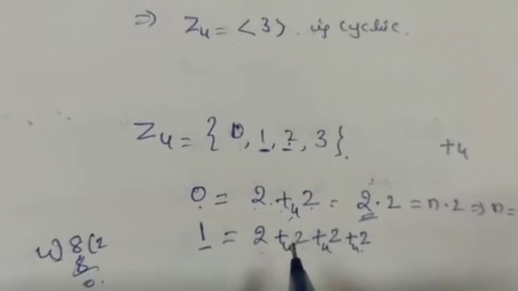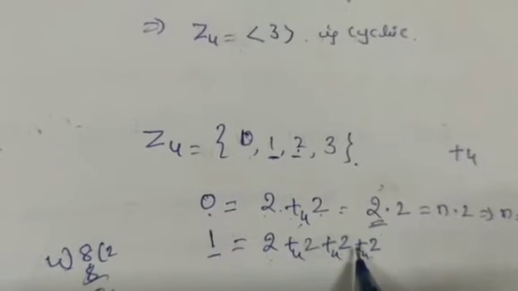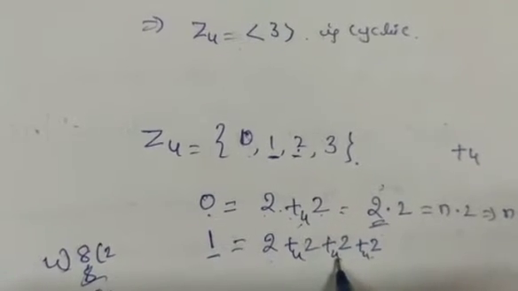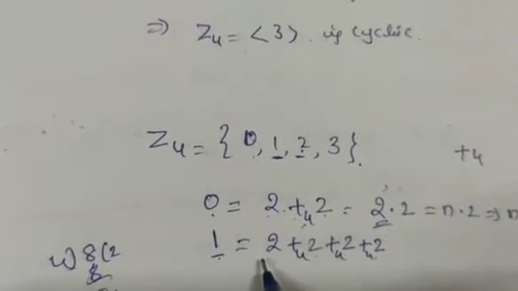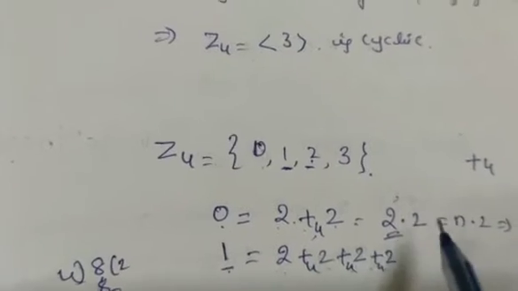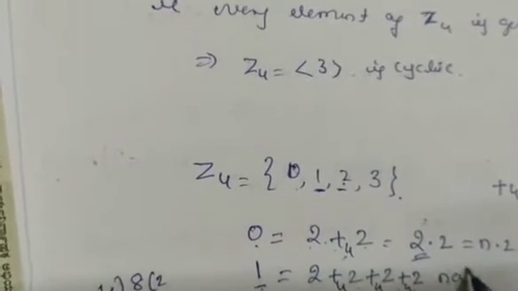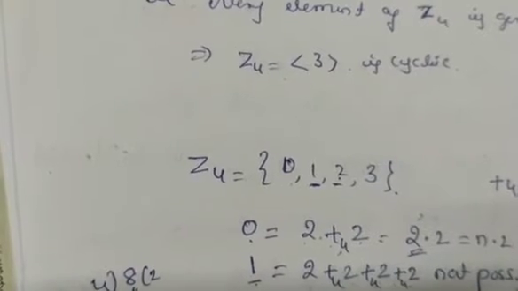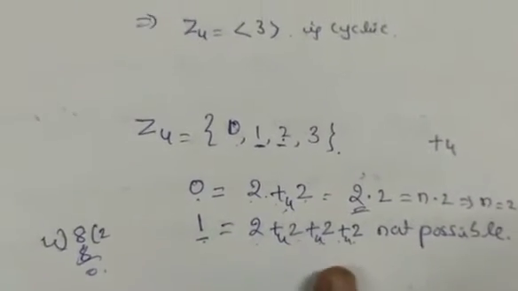It is not possible because 2 is an even number. If you divide by 4, you will not get the remainder 1. Therefore, we cannot express 1 in terms of sums of 2 only.